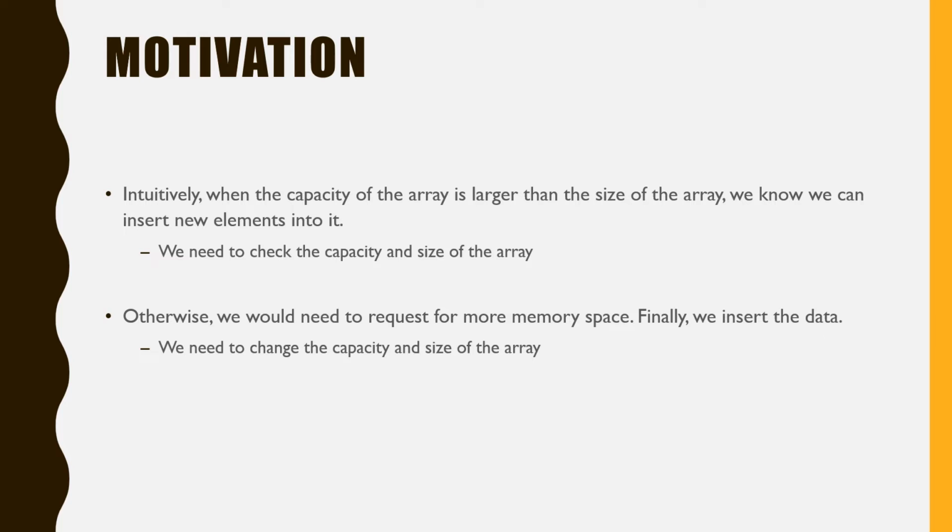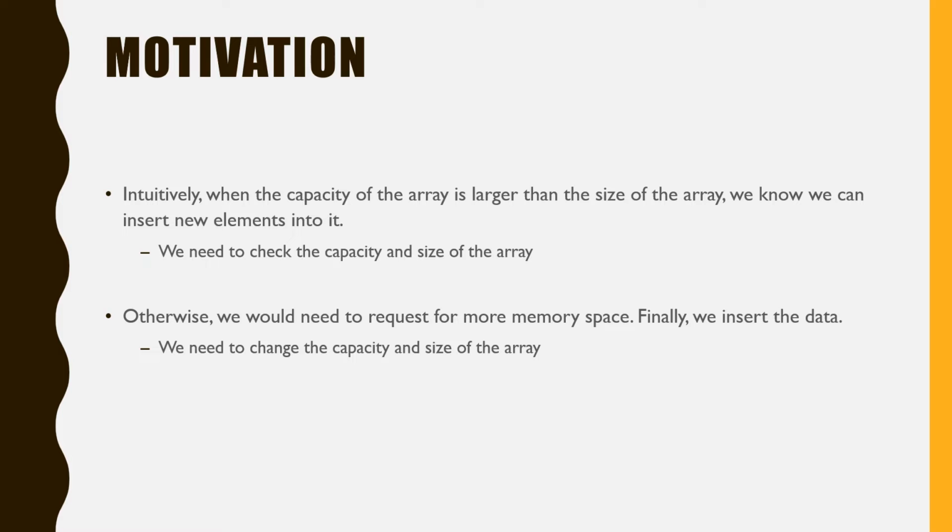Now, when we try to insert a new element into the array, we can simply compare the capacity and the size of the array. When the size is smaller than the capacity, then we can hold the new data element. The comparison requires that we can retrieve the current capacity and size of the array. Hence, the array data structure should contain operations that track the capacity and the size.